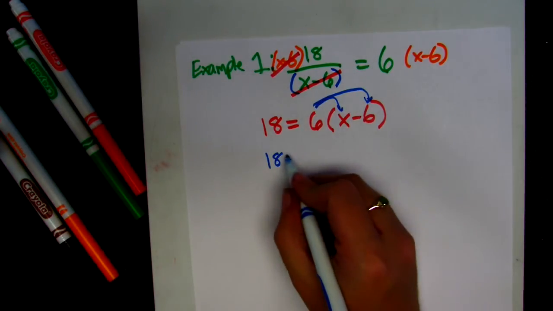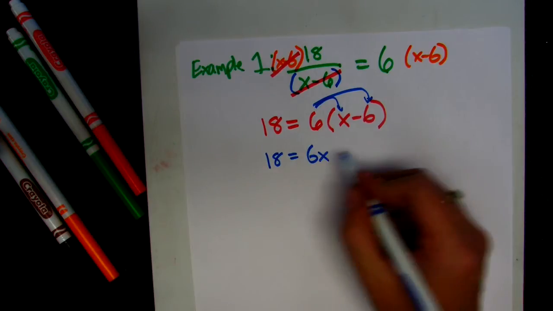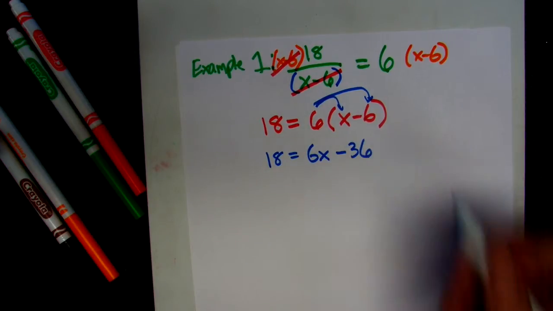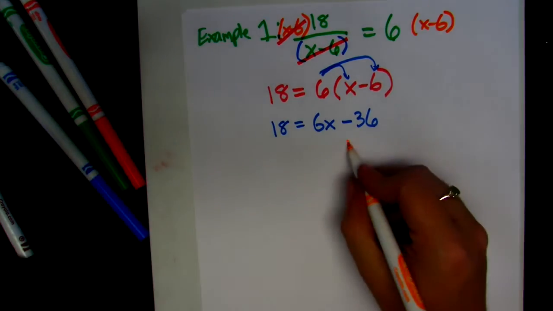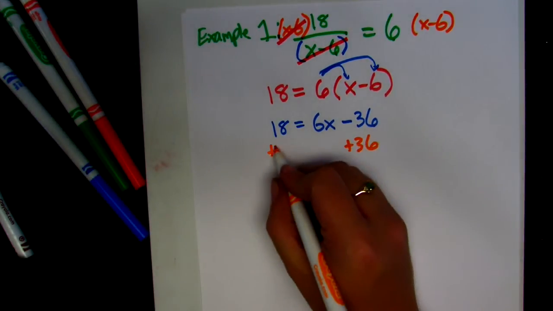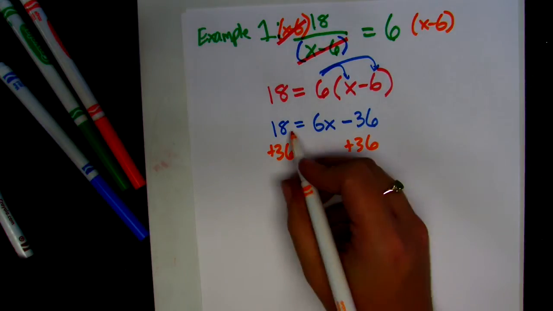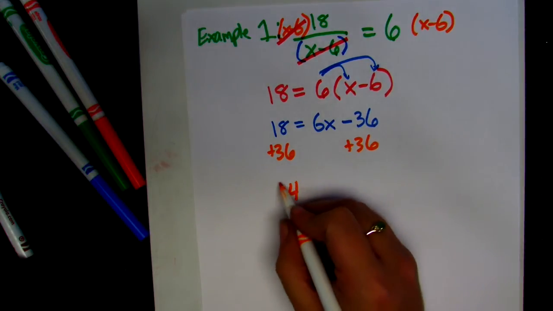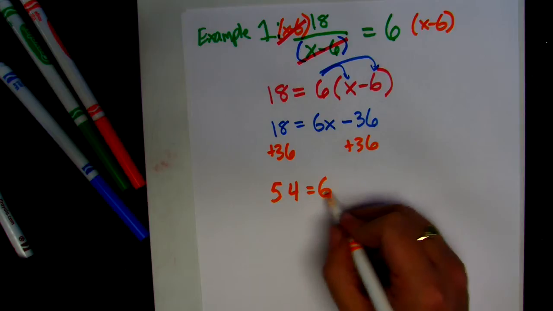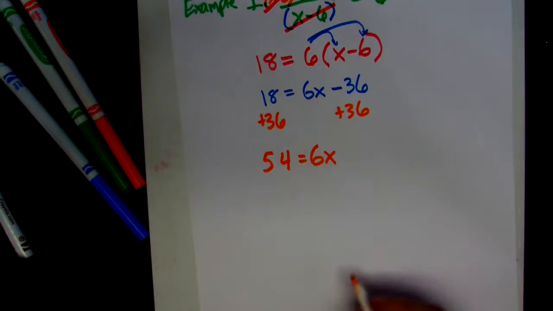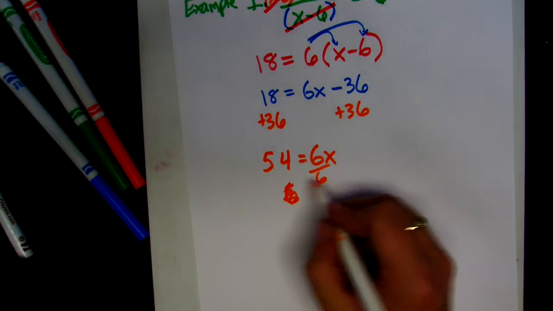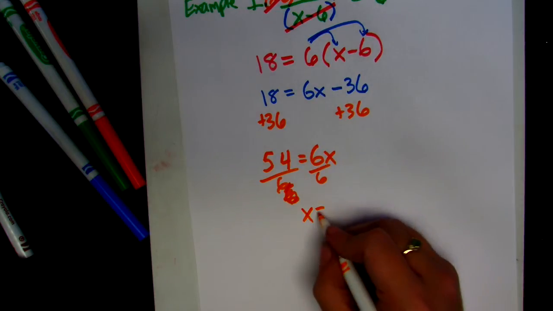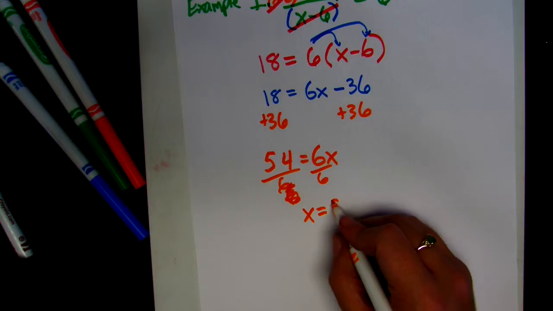Now I have 18 equals 6x minus 36. Then I'll add 36 to both sides. Now I have 6x is equal to 54, which means, if you divide both sides by 6, x is equal to 9.